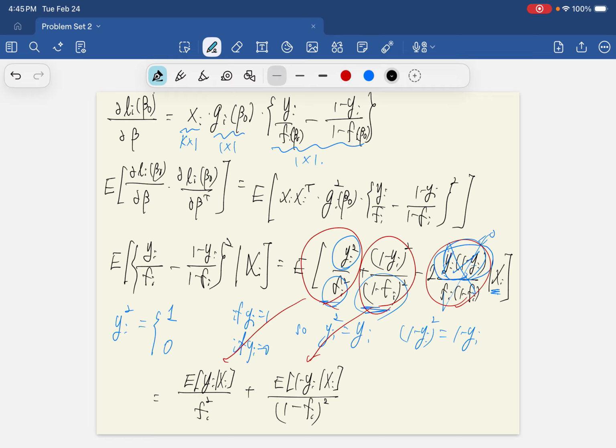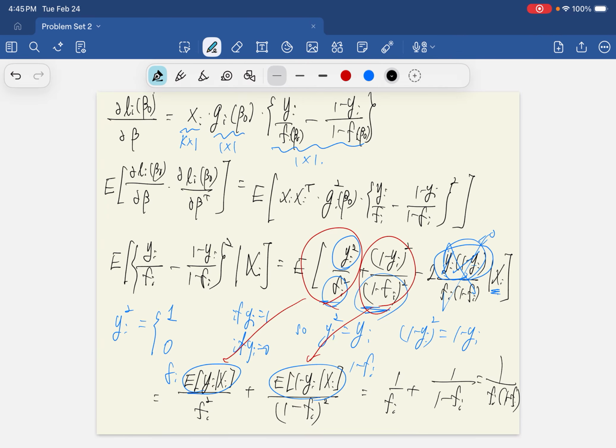And then this is f, and this is 1 minus f. So one factor cancels out, and we get f times 1 minus f in the denominator. Okay?